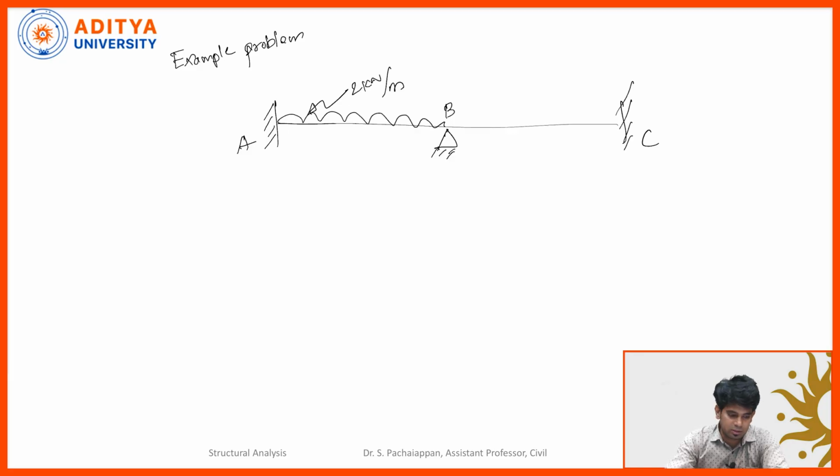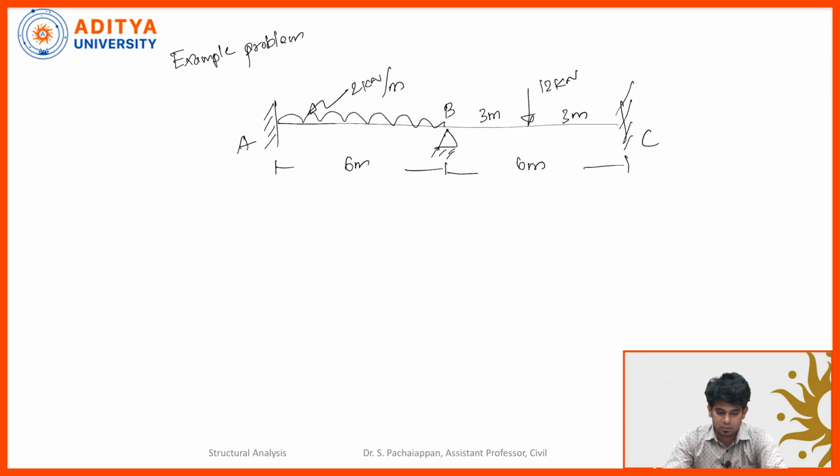Span BC has a point load of 12 kilonewton, which is centrally placed: this is 3 meters and this is 3 meters. Span AB is 6 meters and span BC is also 6 meters.